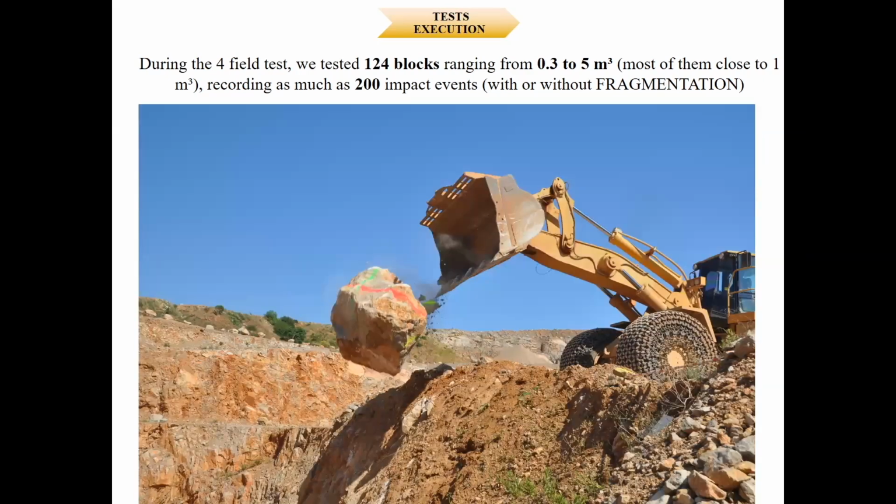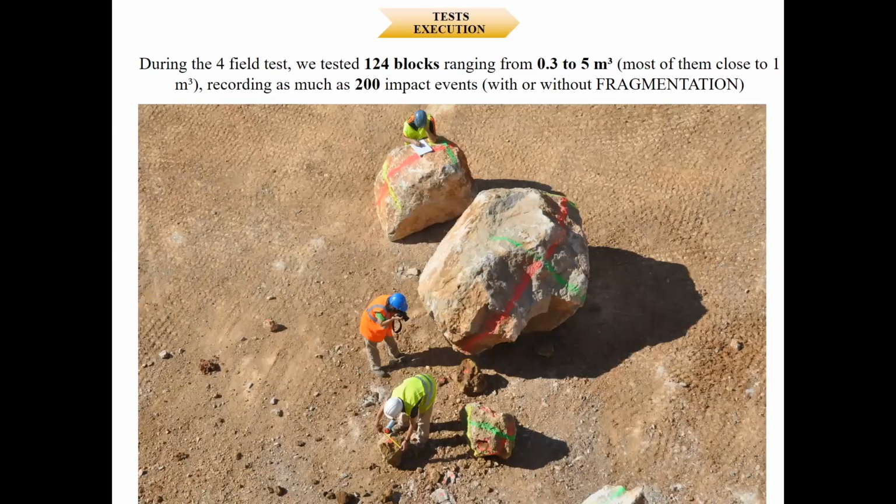This is a detail of the drop. Here we can see a detail of the blocks on the floor in the esplanade downhill, where the blocks and the fragments were measured one by one in order to have the final volumes and number of fragments.